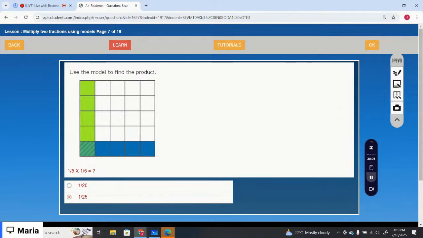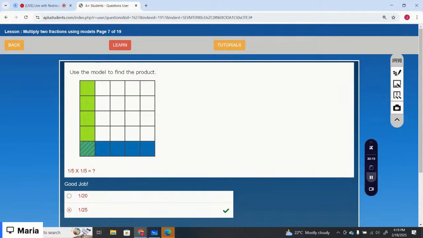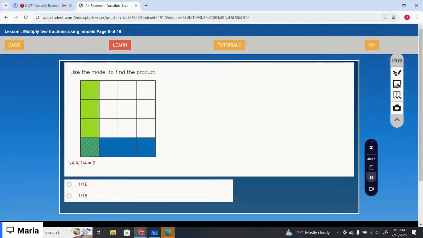The total squares are 25. Only one of them has both the patterns, so that is 1 out of 25. Use the model to find the product.